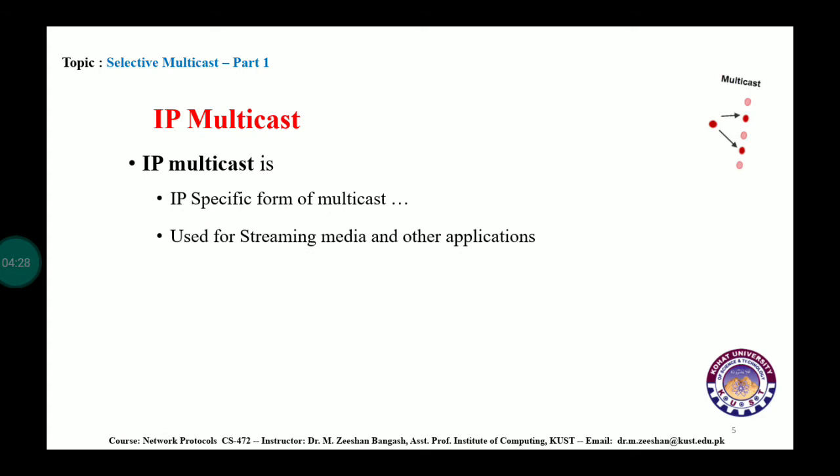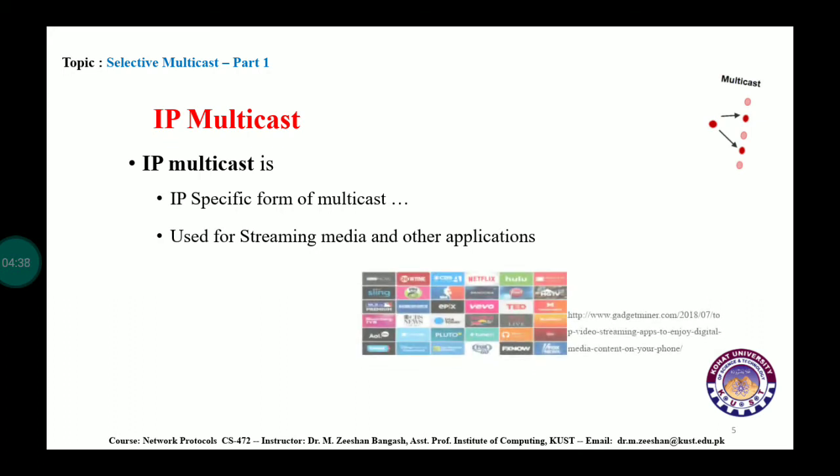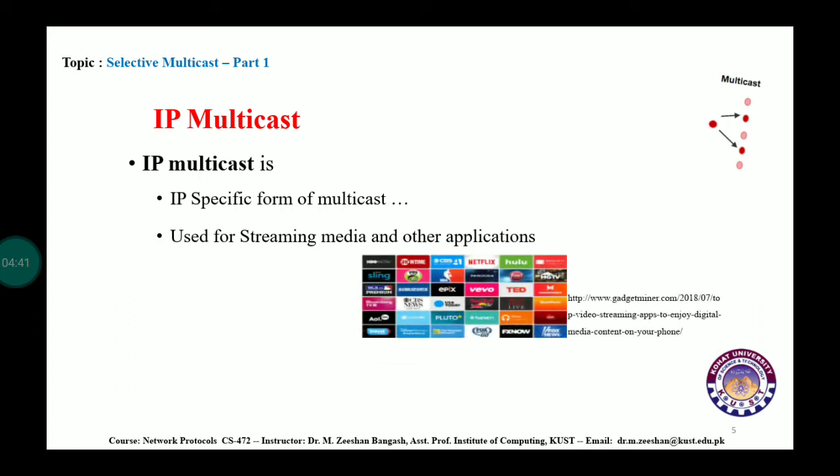And this IP multicasting has application in different streaming media apps, like Netflix or HBO Now, or different applications like TEDx talks that are available on the internet. So these IP multicasting mechanisms are used in these applications.